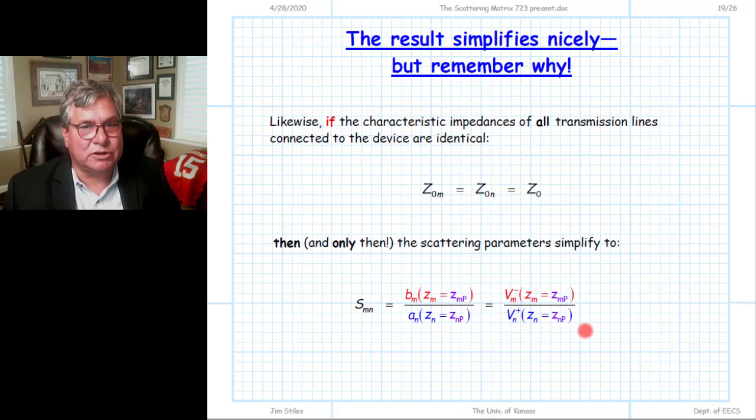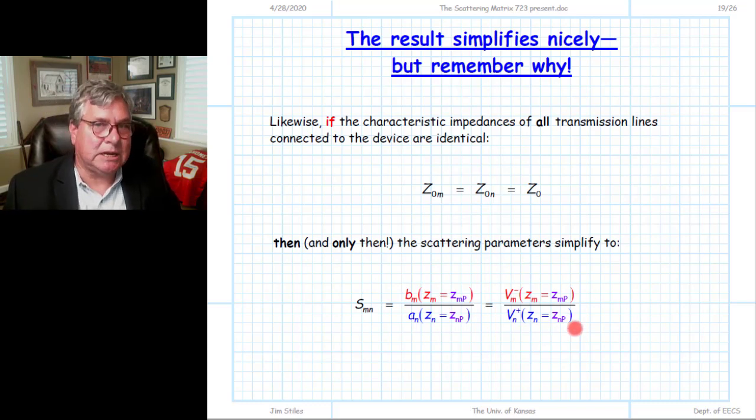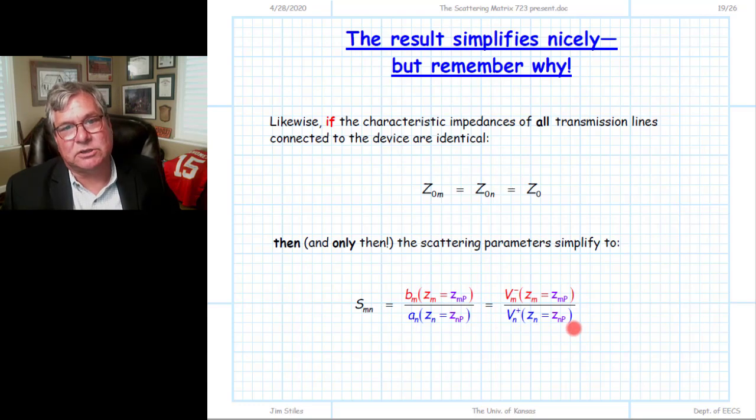So again, I like the more general forms. You put in the values of the characteristic impedances. If it turns out they cancel out and are equal to 1, you're a very happy person. But if they don't, then you're going to get the right answer, where someone who simply uses the lookup recipe is going to get a completely erroneous result.